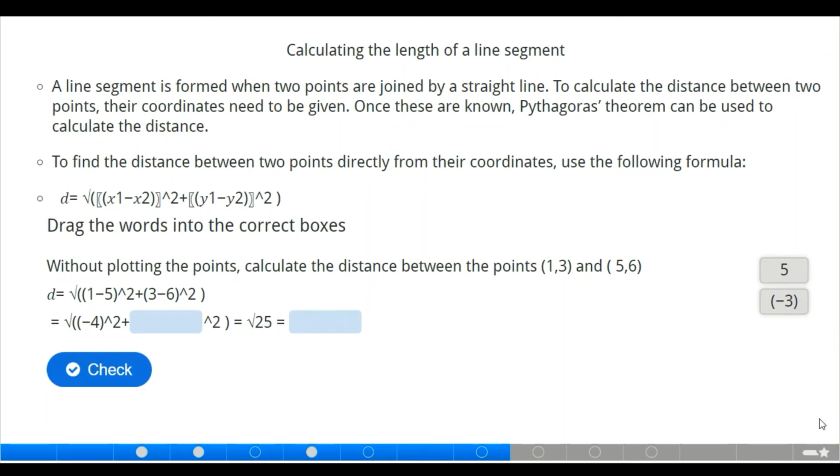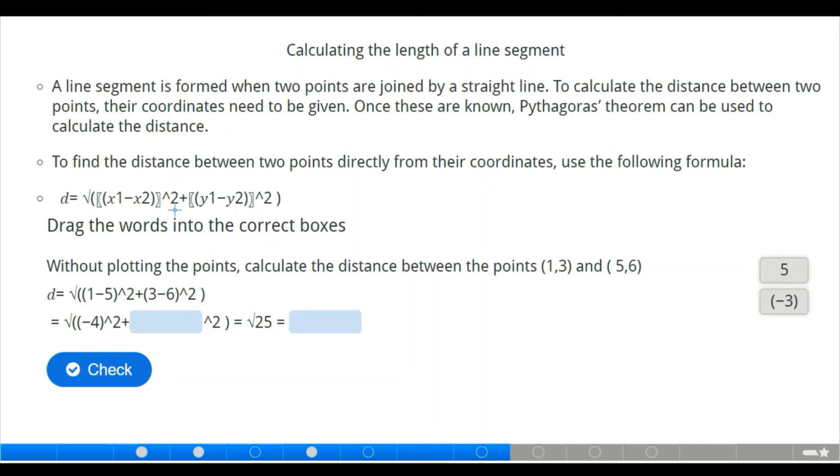The formula is d equals the square root of (x1 minus x2) raised to power 2, plus (y1 minus y2), everything raised to power 2. So that's the formula for calculating the distance of a line segment. Having that, we have an example here.